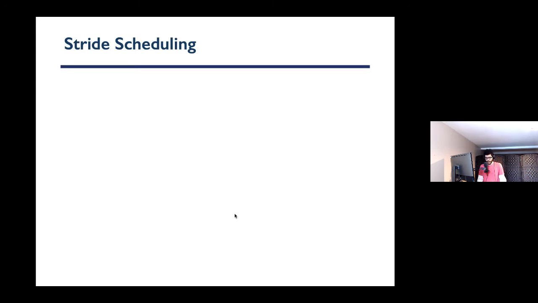Stride scheduling tries to address fairness without introducing randomness. So we want a deterministic policy of some sort. When we take away randomness, we take away the variance that we had. So how does it work?